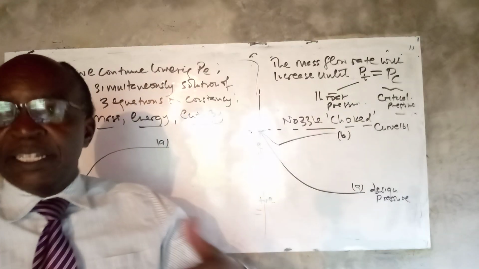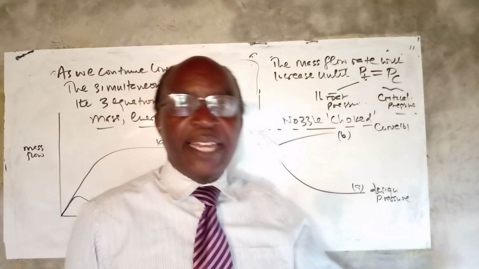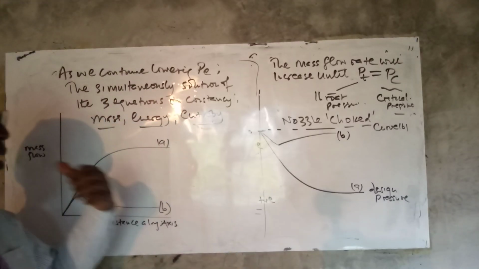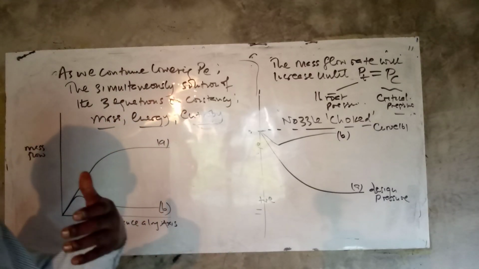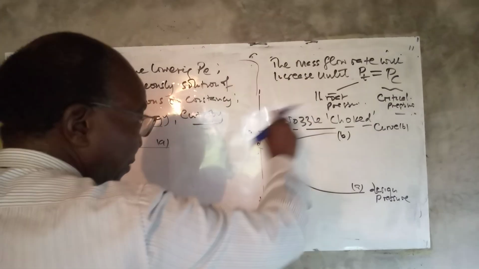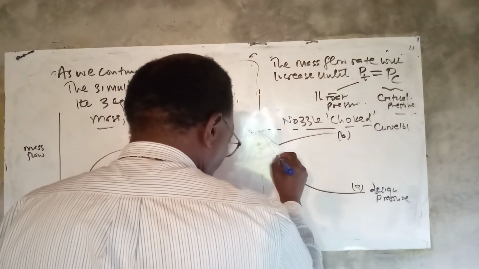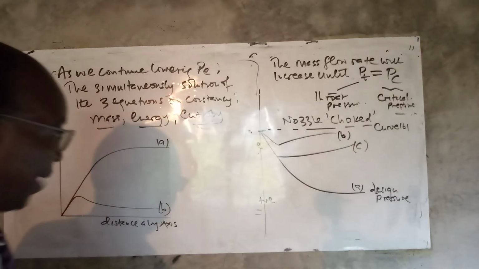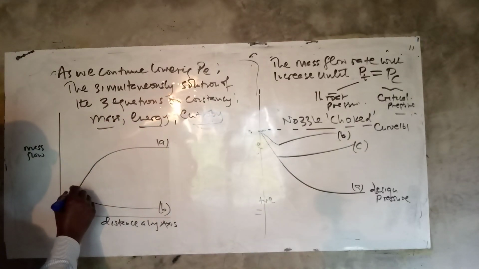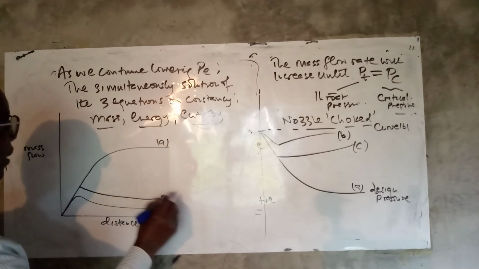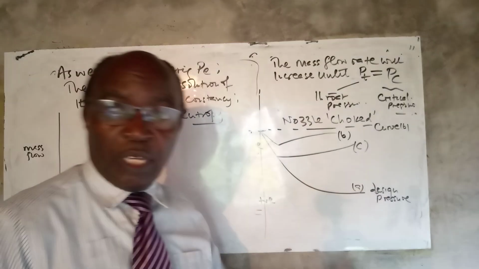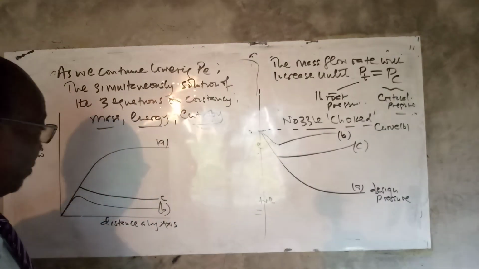It means that the pressure profile will not necessarily be the same as we expected. Where we have the system choked, we'll have that kind of a profile, and here also we will have another kind of profile, and it becomes even more erratic as we lower PE further.